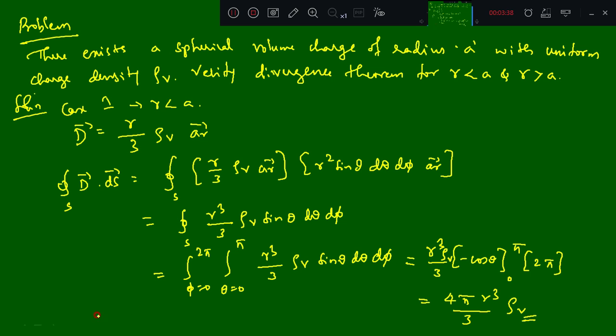Next we need to go for the RHS. What is the RHS? The RHS is the volume integral of del dot D dV. For spherical coordinates we know the divergence is 1 by r square dou by dou r of r square D_r, plus 1 by r sin theta terms, and so on. Here we have only the r term.